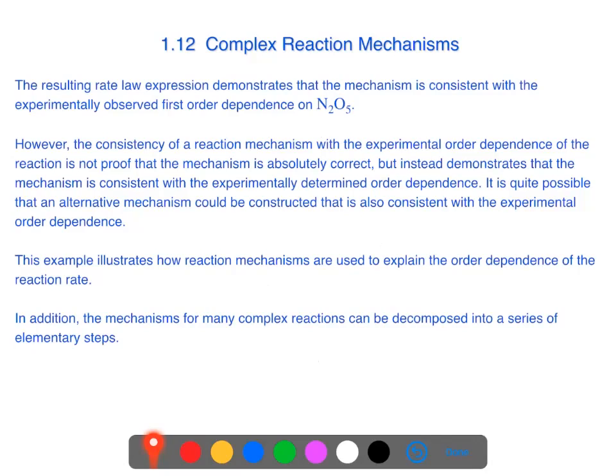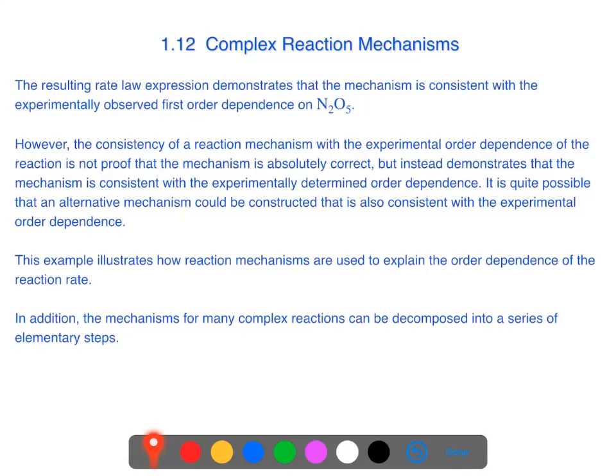It is quite possible that an alternative mechanism could be constructed that is also consistent with the experimental order dependence. Nonetheless, this example illustrates how reaction mechanisms are used to explain the order dependence of a reaction rate.